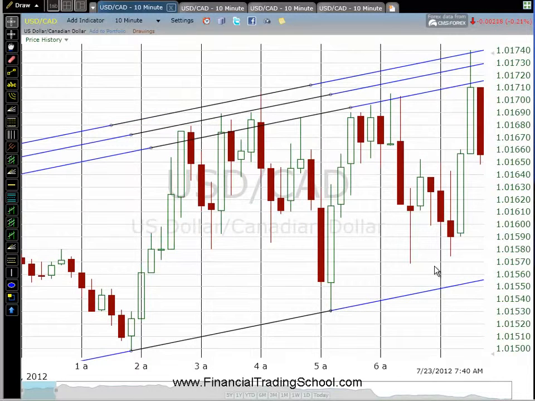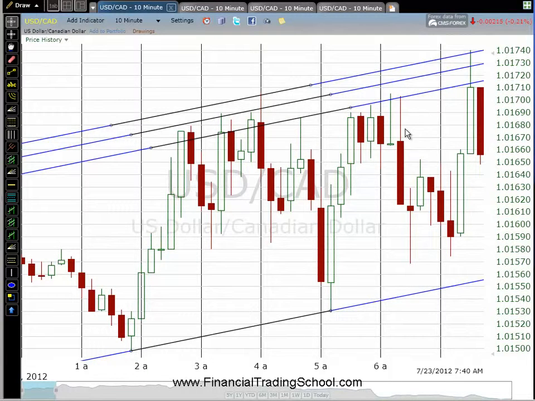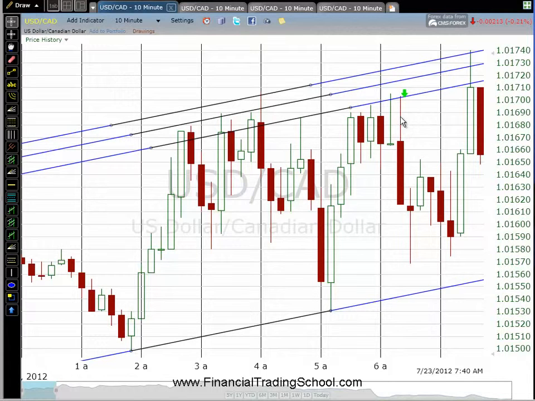Zooming out, so you can see up here starting to become resistance, right? So if you wanted to, you could place puts every time it touches up there. We're assuming that we only trade for 30-minute expiries.